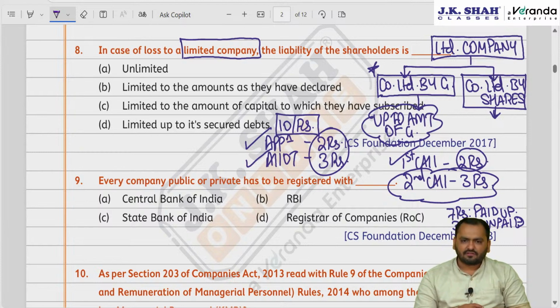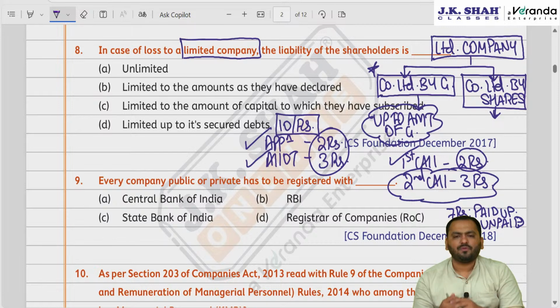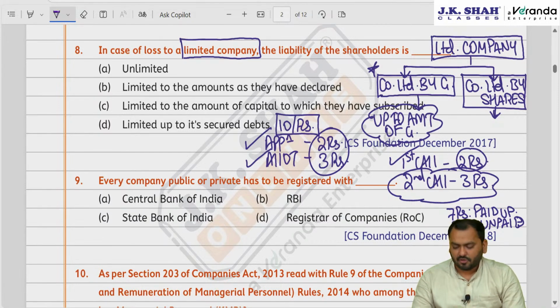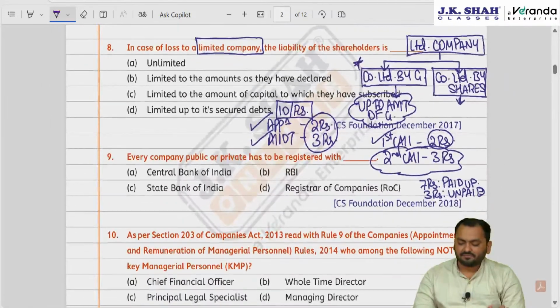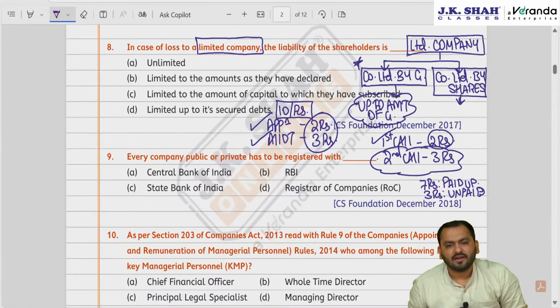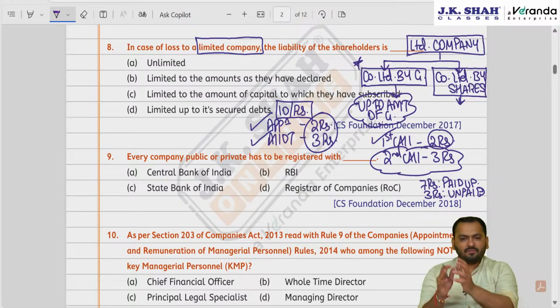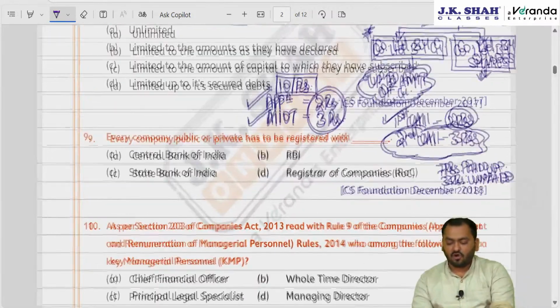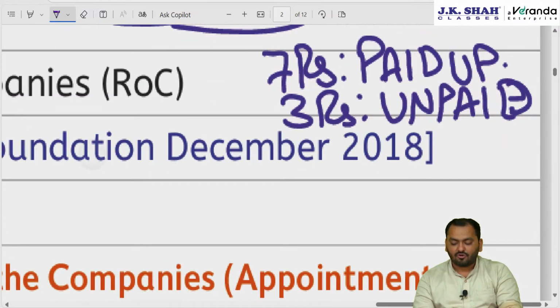So what do you think, friends? Do I have to pay 50 lakh rupees? Do I have to contribute in the loss? The answer is no. Why? Because Reliance is a limited company. My liability is going to be limited, only up to the extent of the unpaid amount on shares.